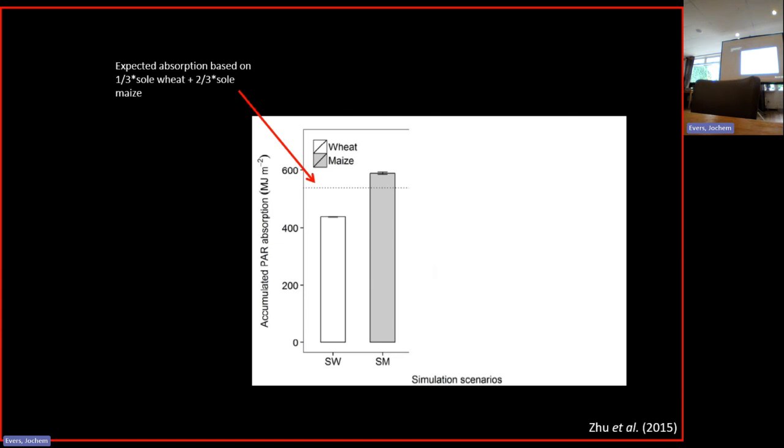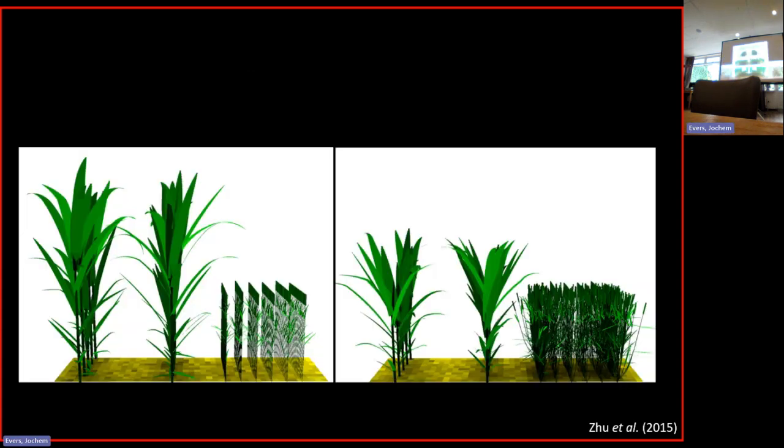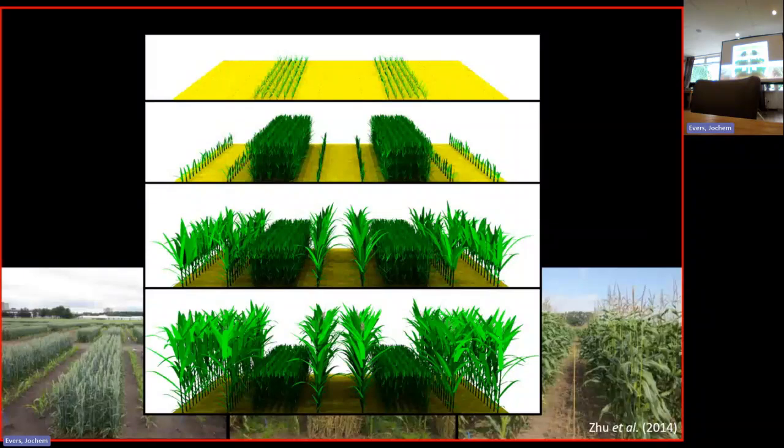The dotted line, fortunately, you can see that one. This is the expected light absorption based on the land use of wheat and maize in this particular intercrop, which happened to be 1/3 sol wheat and 2/3 sol maize. If we disregard the left piece, then of this area, 1/3 is filled with maize and 2/3 is filled with sol wheat, because this is the repeating unit: maize, wheat, maize, wheat.